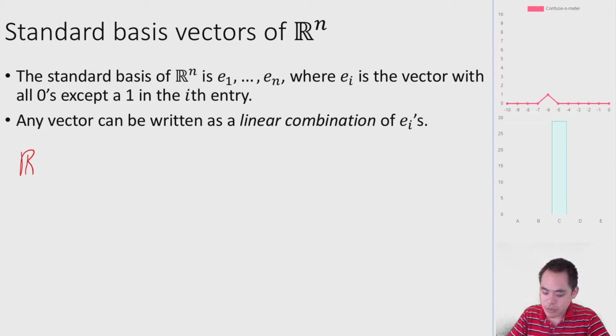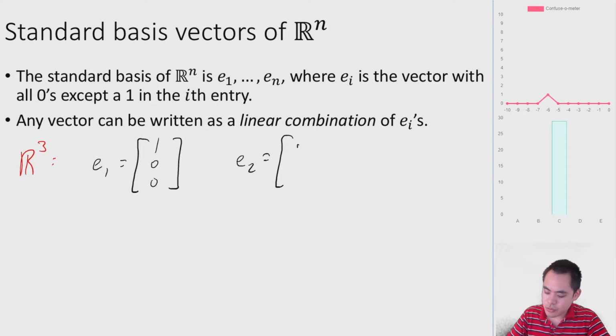R3 is the set of three-dimensional Euclidean space. So you have E1 is equal to (1, 0, 0), E2 is equal to (0, 1, 0), and E3 is equal to (0, 0, 1).